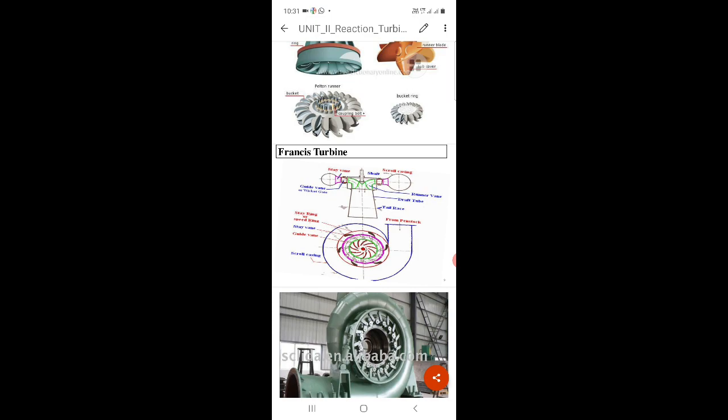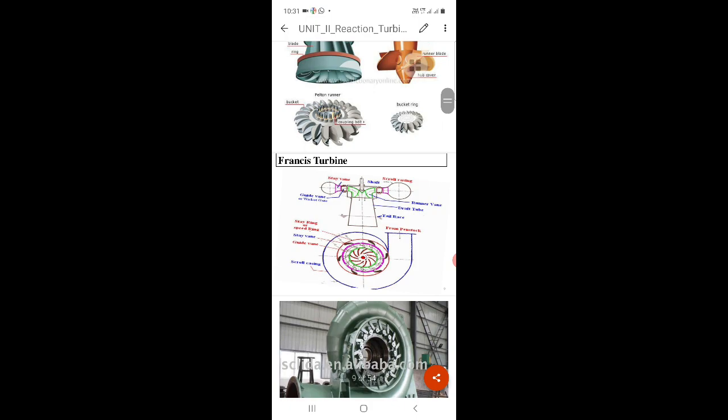Whenever water enters, the casing converts kinetic energy into pressure energy, and after that the guide blades pass this water from the outside casing to the inside, to the runner.